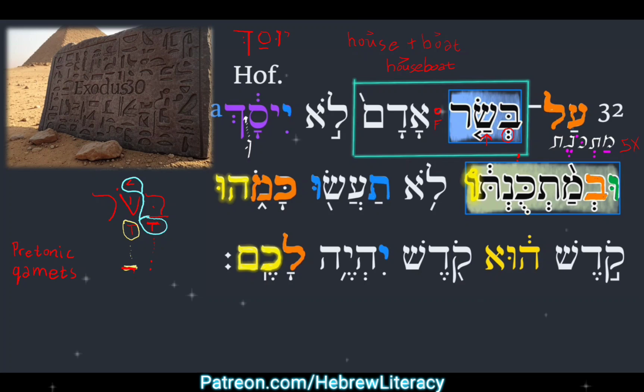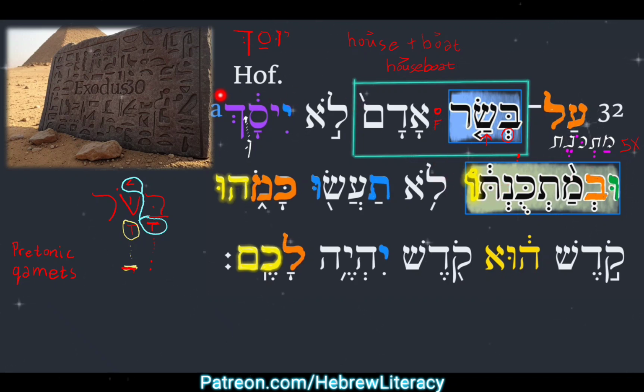Anyway, so u is "and." It's u because of the bump schwa rule. And the, in or by, matkunto. That's just because that's the construct form. Matkonet, and the construct is matkunt. Right? So matkunt, of him. So and by its measure.